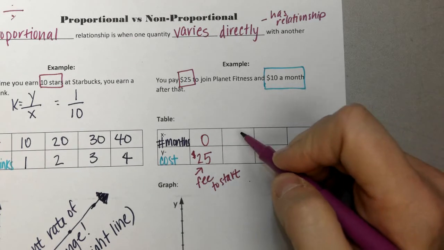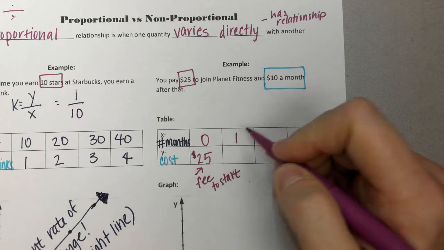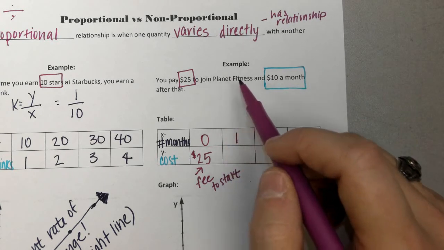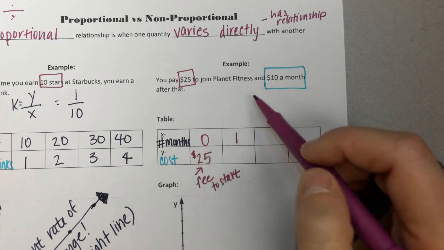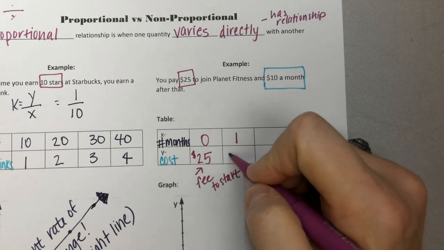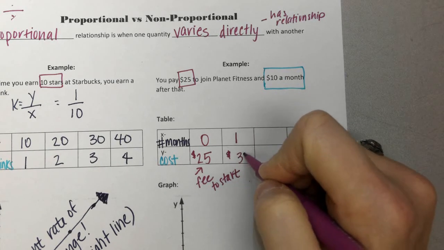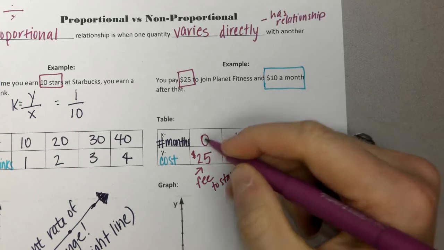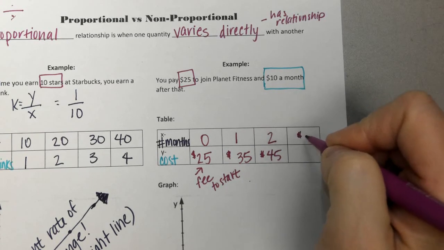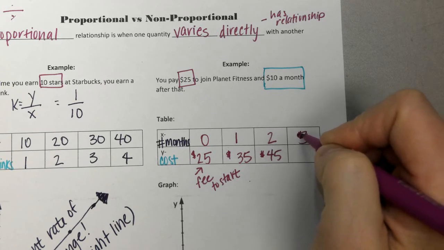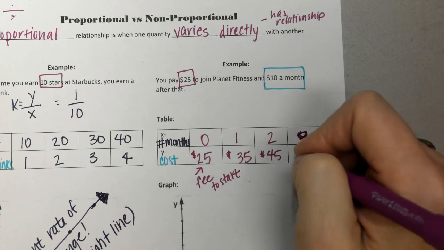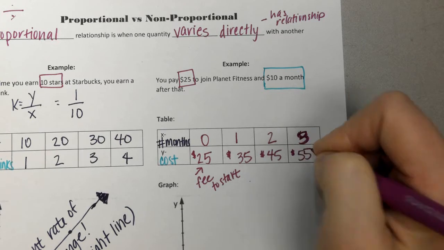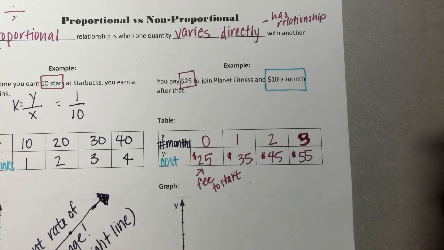Okay. So at 1 month, how much was it? It was $10 a month after that. So what's it going to be? What's 25 plus 10? 35. At 2 months, it was 45. You don't have to pay that fee every month. You just had to pay it to start. And at 3 months, your cost was $55. All right, you with me?